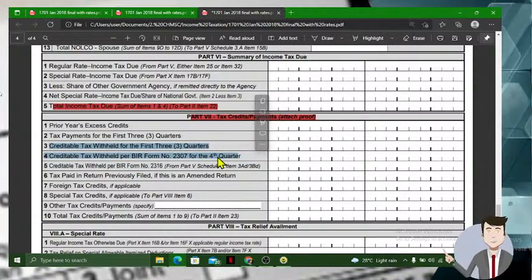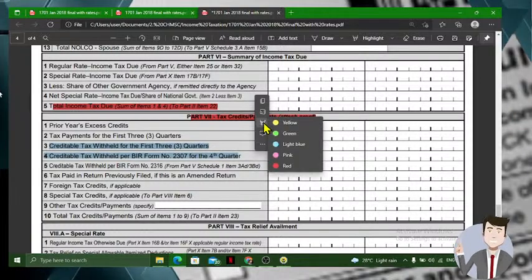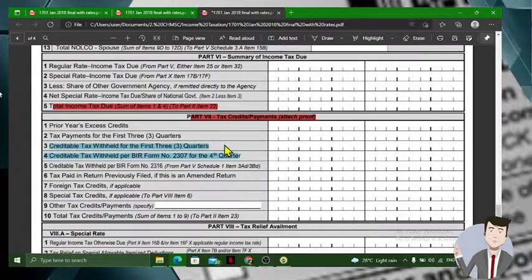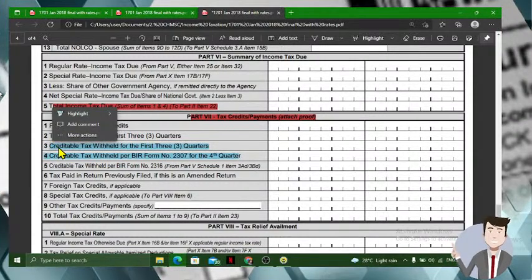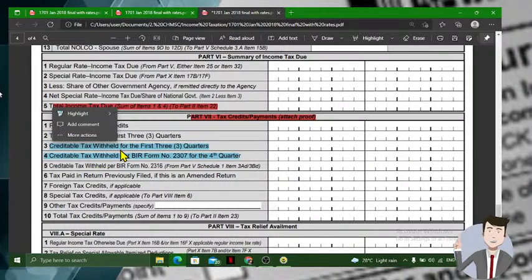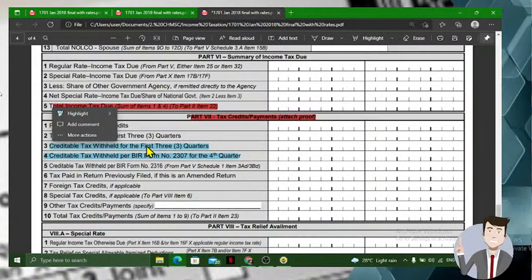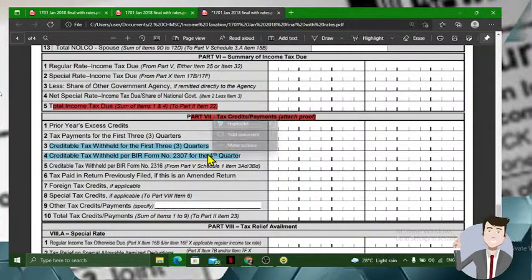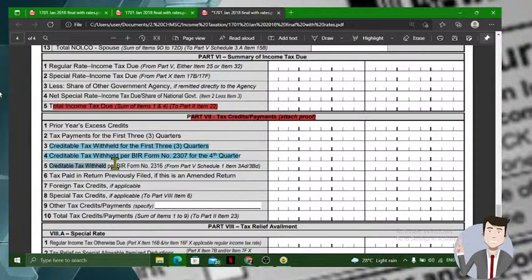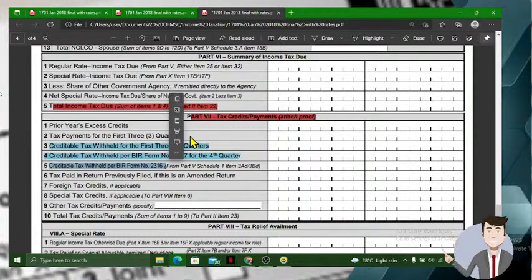These are from BIR Form 2307. The only difference is that item number 3 is the BIR Form 2307 from January up to September, and October up to December will be on item number 4. Okay? Next is creditable withholding tax per BIR Form 2316.